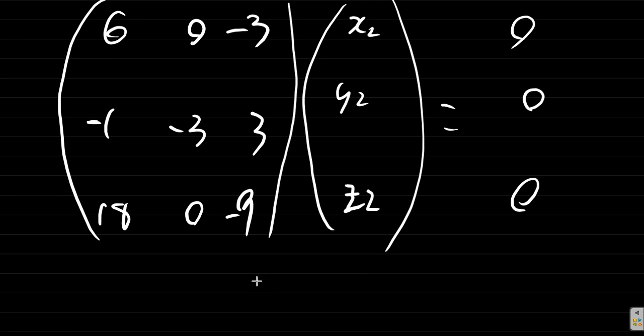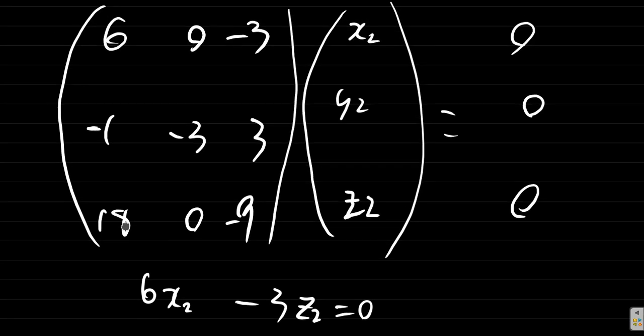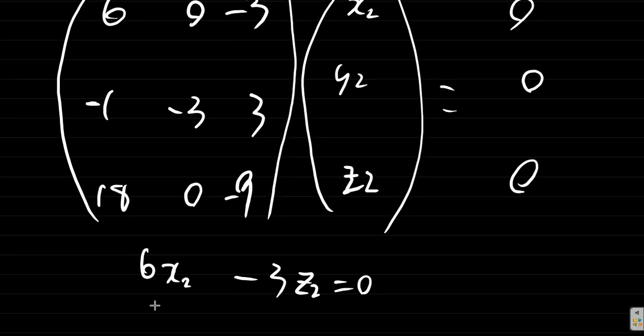So what you'll have, 6 by x2, 6x2 plus 0y2 minus 3z2 equals 0. And you have negative 1 x2, so that's negative x2 minus 3y2 plus 3z2 equals 0.